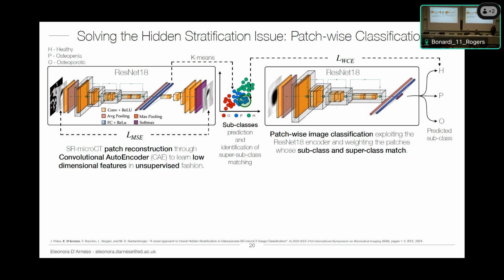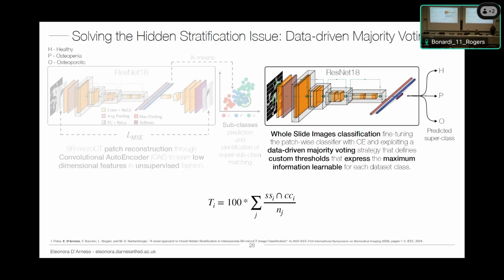Based on this, we then trained our classification network only on those patches, penalizing the error produced on those patches more than the error on patches that were not coherent between the k-means and the physician. This was done by weighting the cross entropy. At this point we have a good patch classifier, but in the end what we want is to characterize the entire image, not just patches.